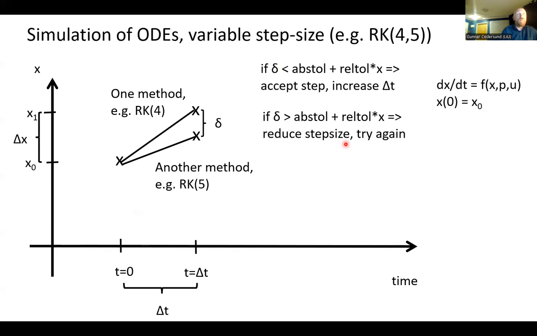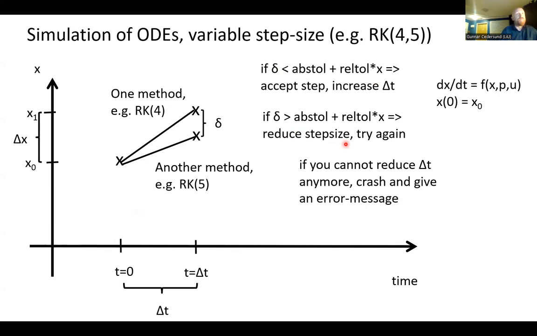So then we need to reduce the step size, and we try again. And if you can't reduce it anymore, typically you have also specified the smallest delta t that you accept. And if you reach that smallest allowed delta t, then you get an error message, or it might even crash altogether. So this is sort of the principle of how a variable step size solver works.